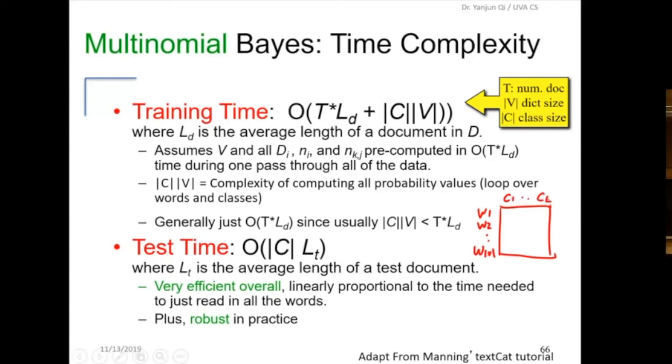When you perform the test, it's actually the same thing. You need to convert your testing data into this vector form, but you don't need a bag-of-words representation at all. You only need to count. Yes, actually that's true.